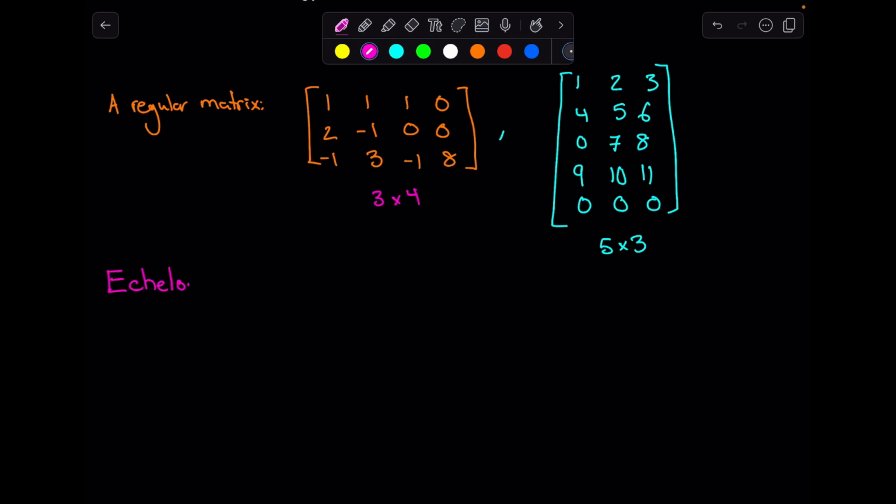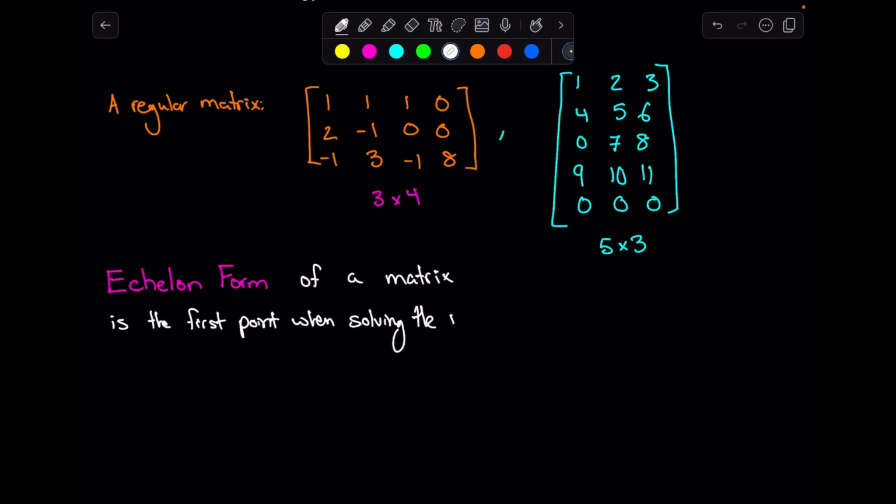Okay, so the echelon form of a matrix is basically a point at which solving our system becomes possible. So it is the first point when solving our system, or when solving the matrix, becomes possible.